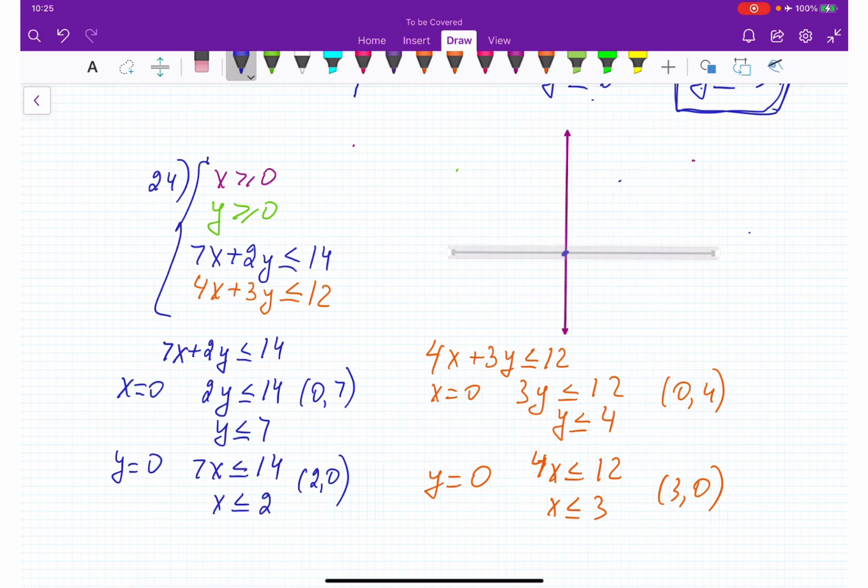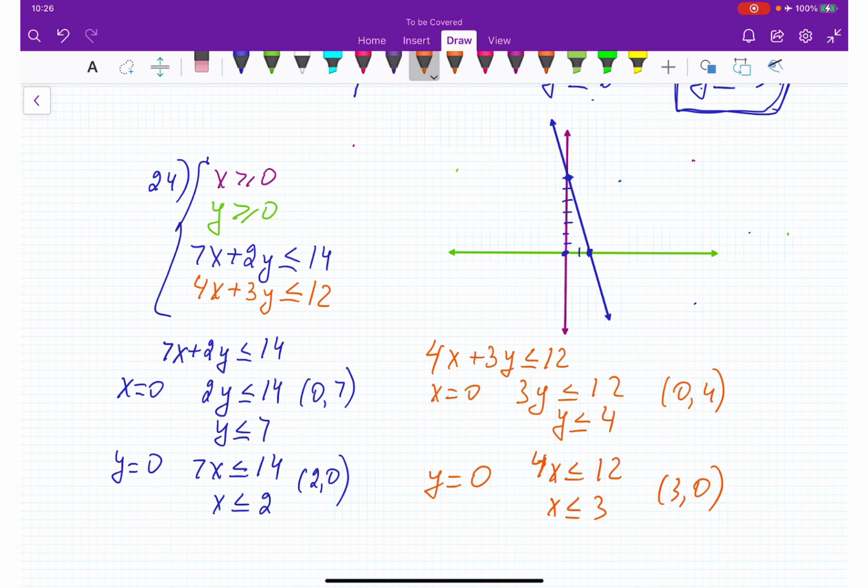So next, moving to the blue color, 0, 7. I'm going to go up 7. 1, 2, 3, 4, 5, 6, 7. And x is equal to 1, 2. Okay, and the brown one, we have 0, 4.